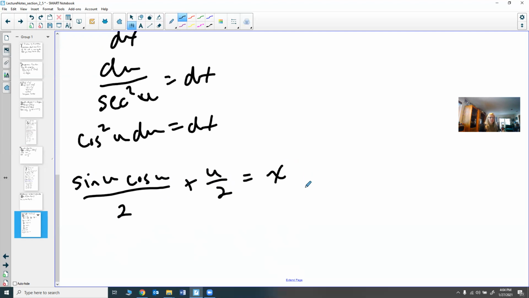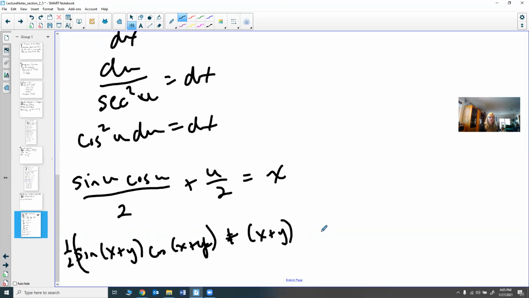And then you can do your substitution back in. And once you do your substitution back in, you're done. So then we'd have, let's do the 1/2 out front, sine of x plus y, cosine of x plus y, because remember that's what we let u be, plus 1/2 times u, and u was x plus y, equals x.